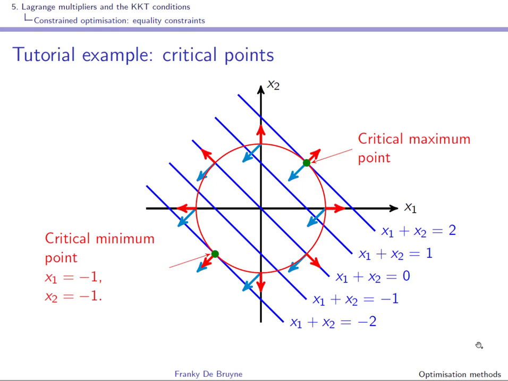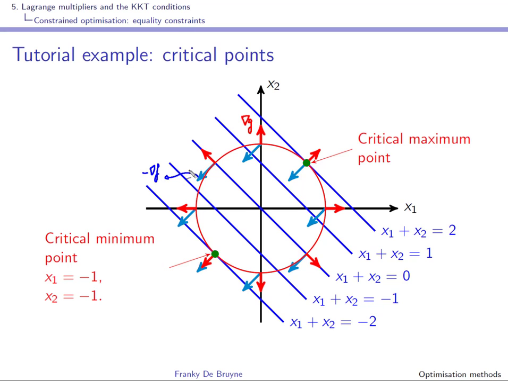So let us look at the possibility to decrease the cost and at the same time remain on the curve g of x is equal to 0. Here in red, what you've got is the gradient of g for different feasible points on g of x is equal to 0, and here in blue you have minus the gradient of f for these same feasible points.